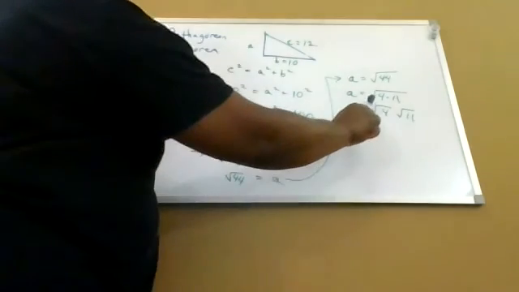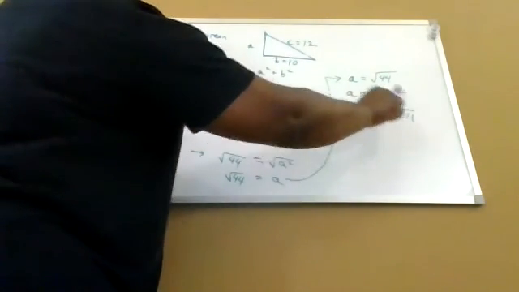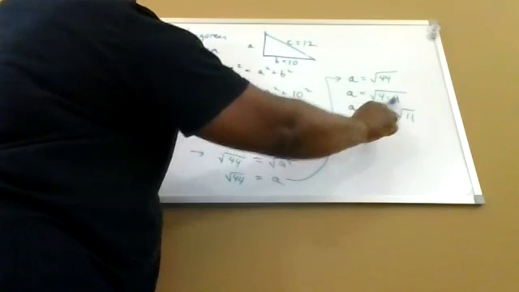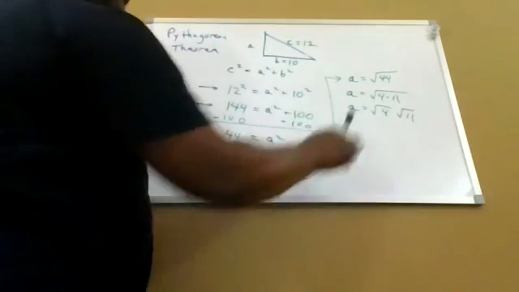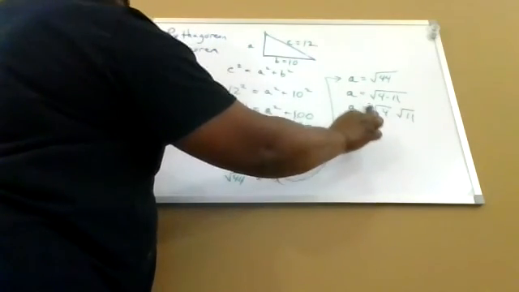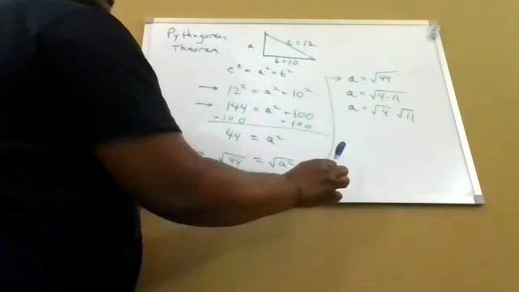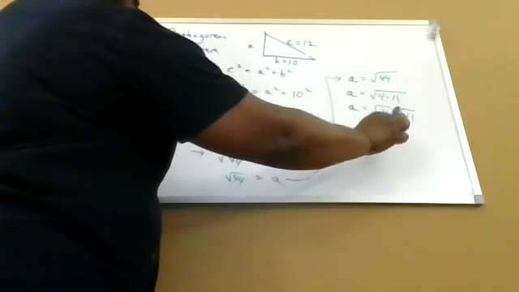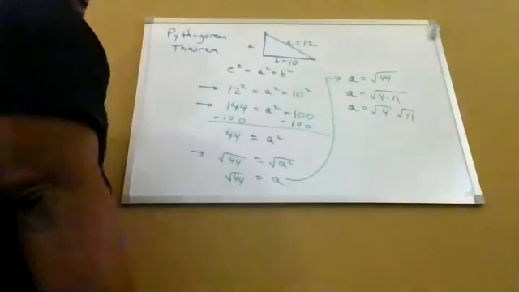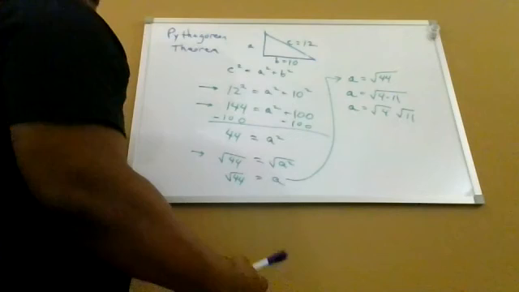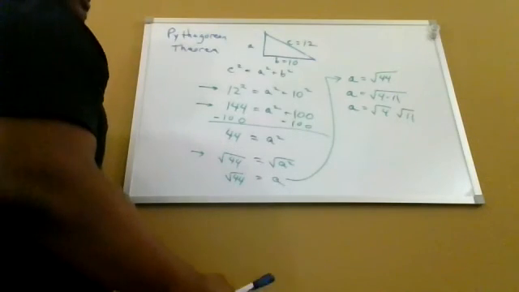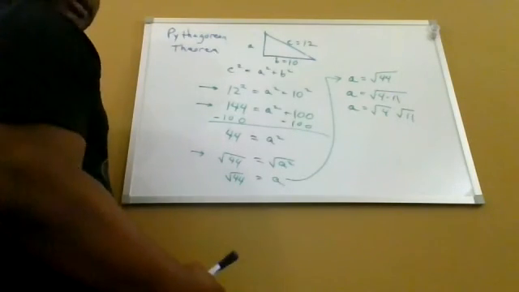All I did was break up the square root of 4 times 11 by placing the 4 under its own square root sign and the 11 under its own square root sign. I did that because I know what the square root of 4 is. The square root of 4 is 2.